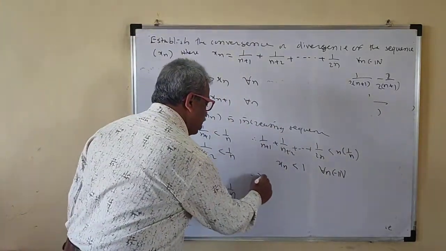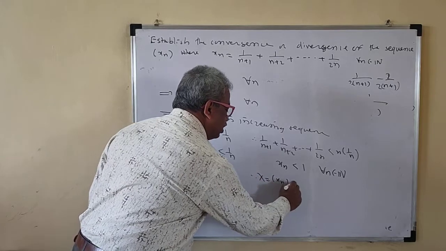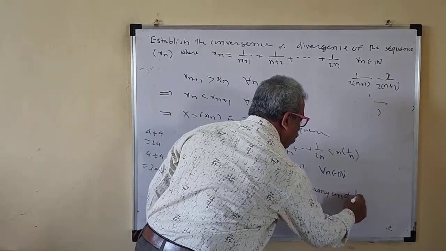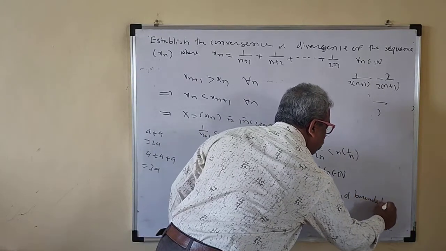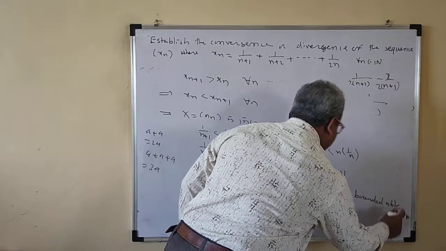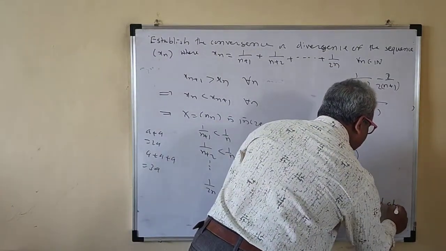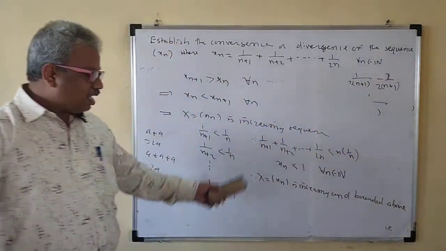Therefore the sequence x n is increasing and bounded above, because we have shown that there is an upper bound.